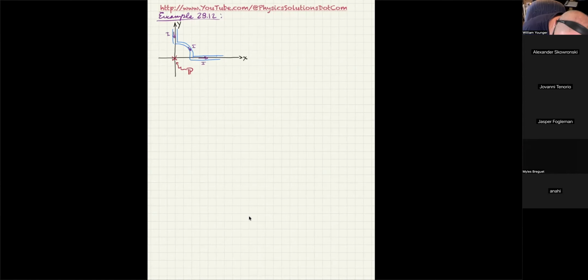And we know dB is equal to mu 0 I over 4 pi, leave the integral off, dl cross (r_P minus r_dl) divided by the magnitude of r_P minus r_dl cubed.